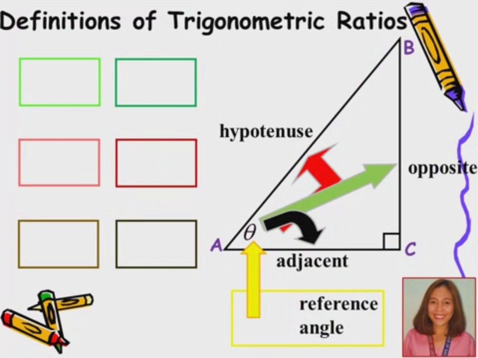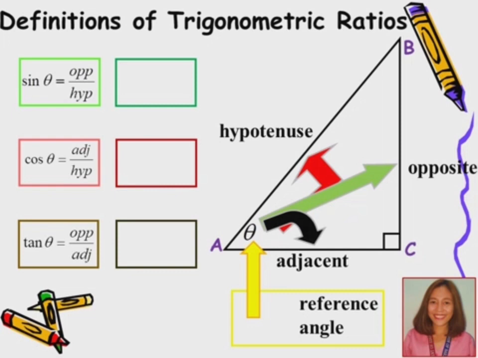And now, let's have a look at the definitions of the trigonometric ratios. Sine theta is equal to opposite leg over hypotenuse. Cosine theta is equal to adjacent leg over hypotenuse.